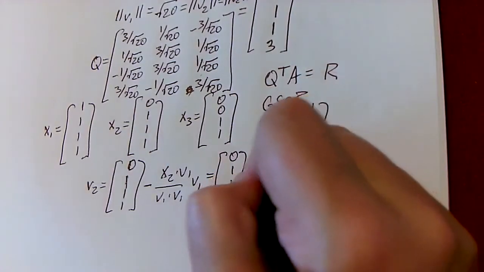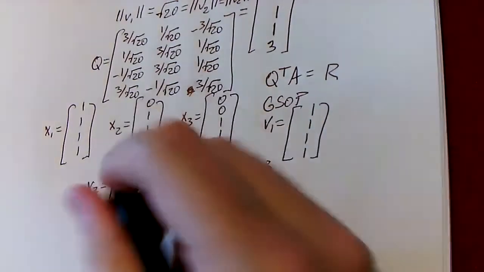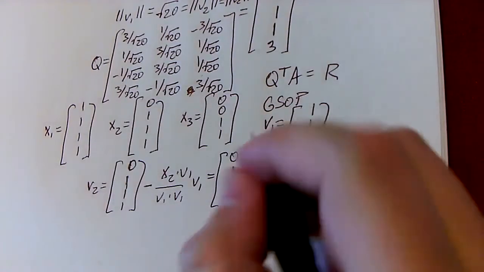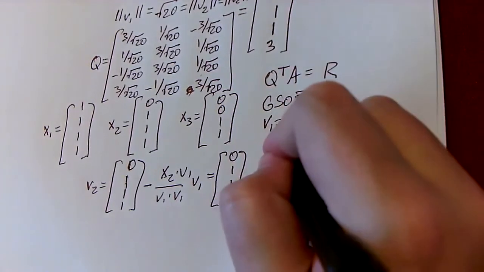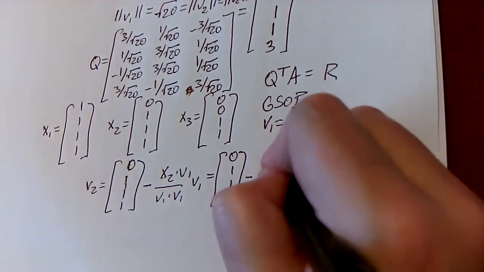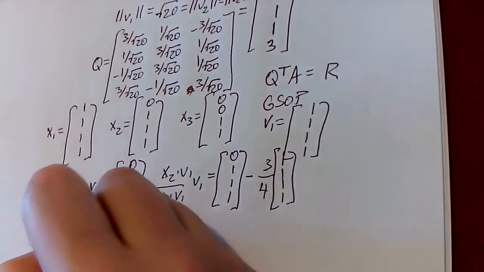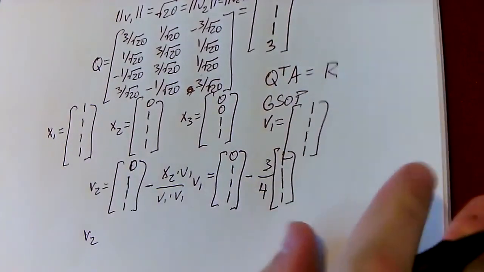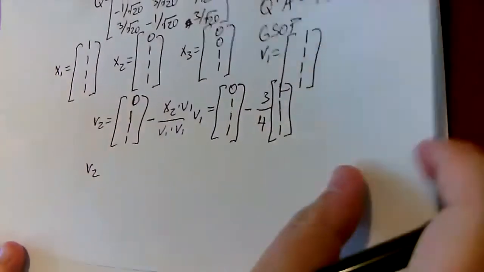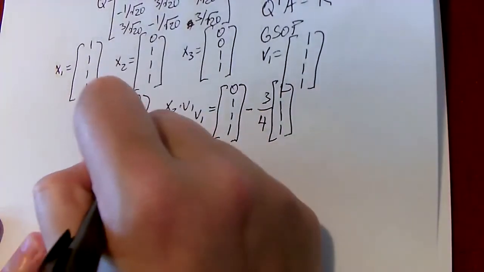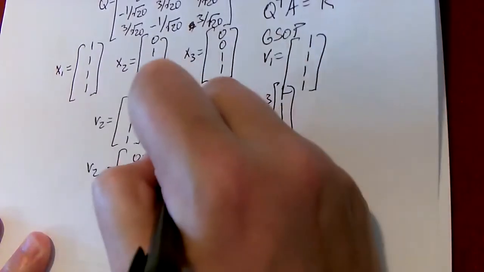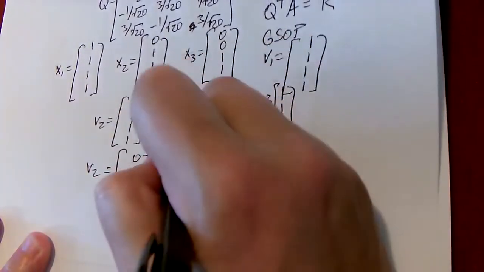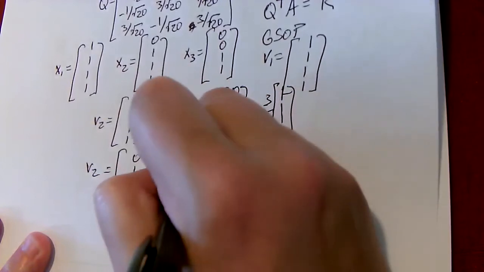I get 3 over v1 dot v1, which is 1, 1, 1, and 1. Those together make 4. Okay, and we're going to multiply that times the v1 vector, which was 1, 1, 1, 1. So v2 will equal 0, 1, 1, 1 minus, I get negative 3/4 all the way down.